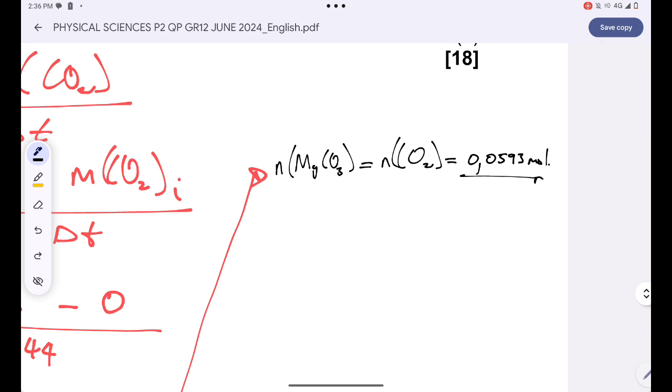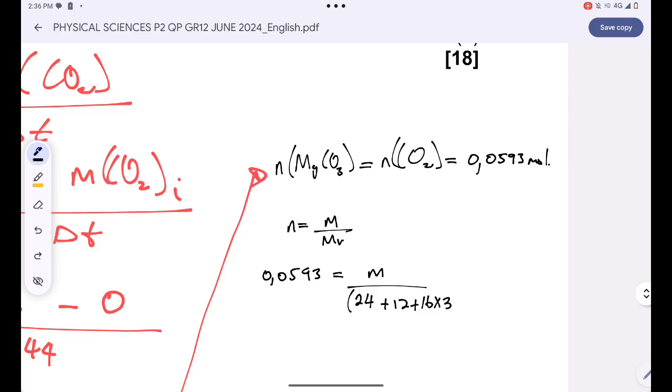So I now know the number of moles of my magnesium carbonate. Therefore, I can simply calculate the mass. I know that number of moles is equal to mass over the molar mass. So this is just 0.0593 multiplied by the molar mass of magnesium carbonate. Magnesium has a molar mass of 24, carbon has a molar mass of 12, oxygen has a molar mass of 16. Since I have 3 oxygens, I'll multiply the 16 by 3.